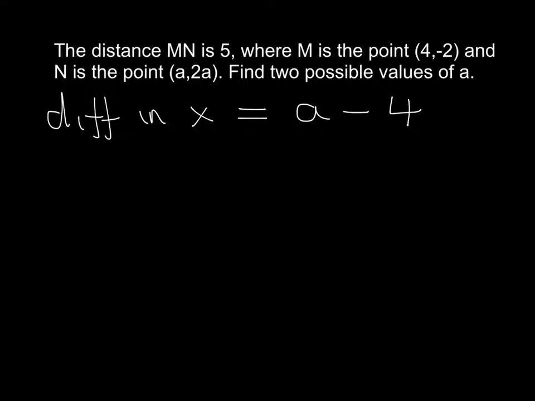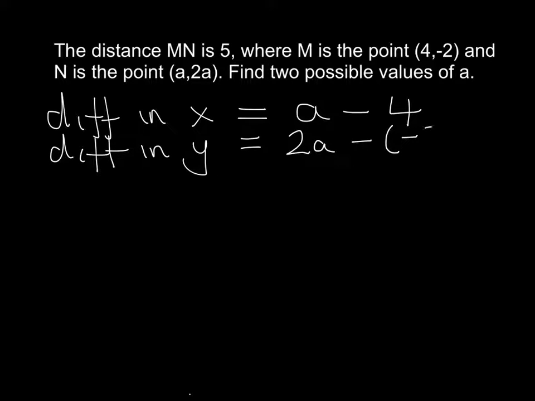We do the same for the y-axis. The difference in y is simply the difference in the y coordinates. So the y coordinate of point N is 2a, and we need to take away the y coordinate of point M. Now the y coordinate of point M happens to be minus 2, so we're taking away minus 2.